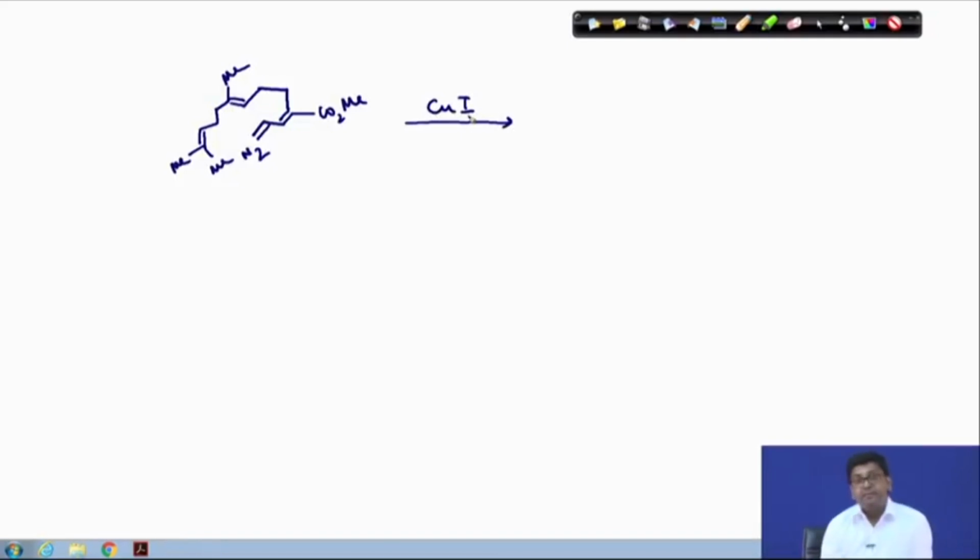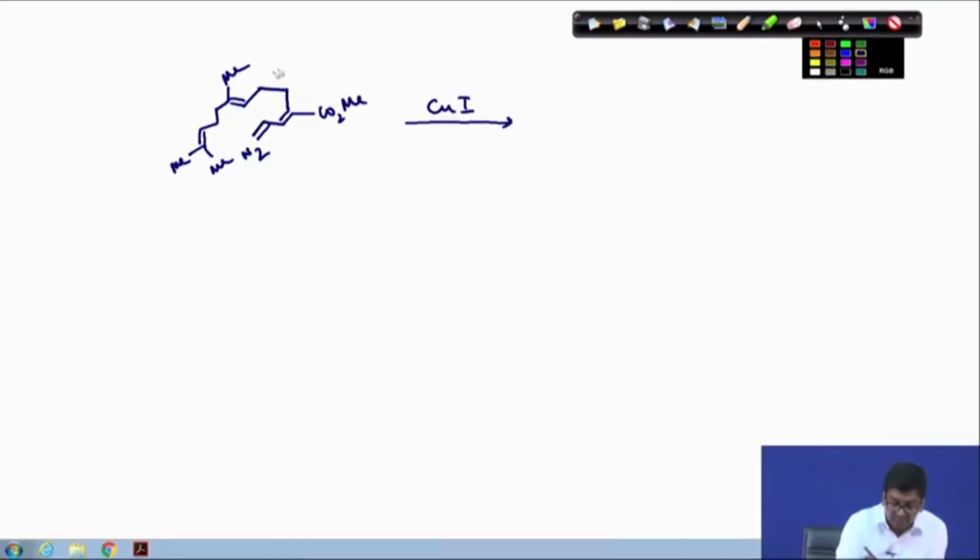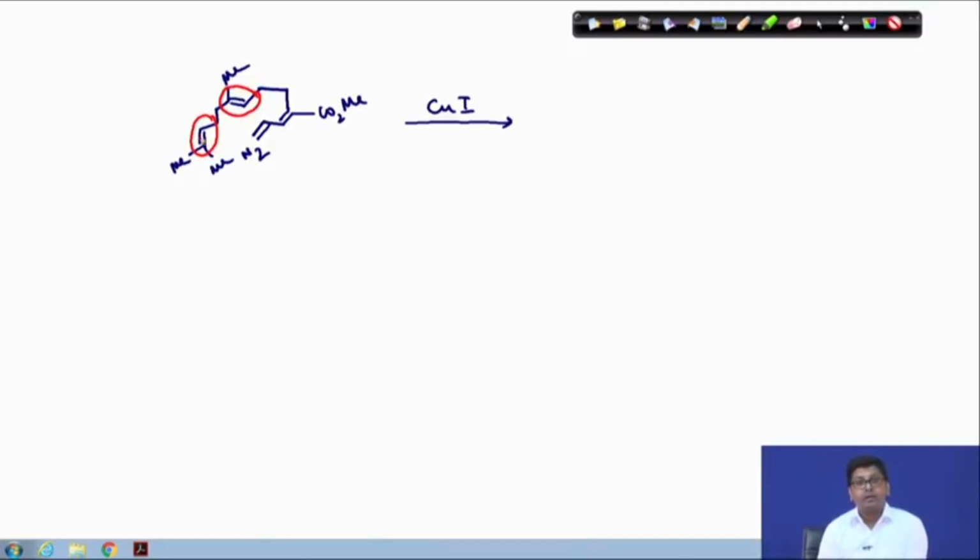Now, in the presence of this CuI, copper iodide, there are actually two different olefins, but in the presence of this metal iodide, the formed metallocarbene will selectively react with only one double bond.